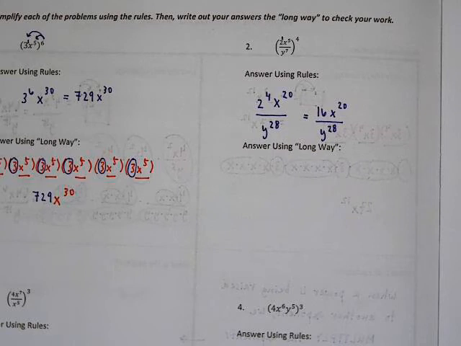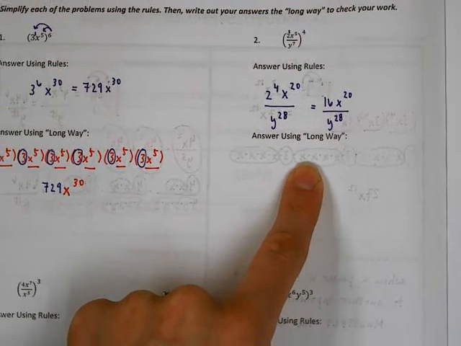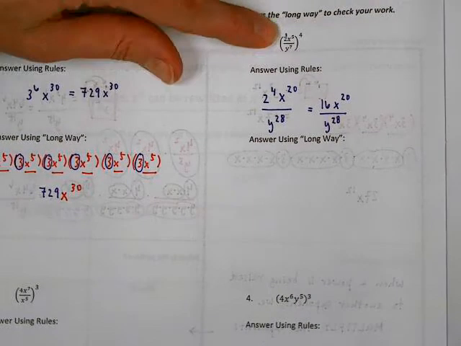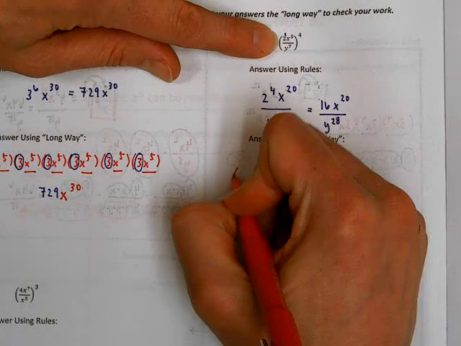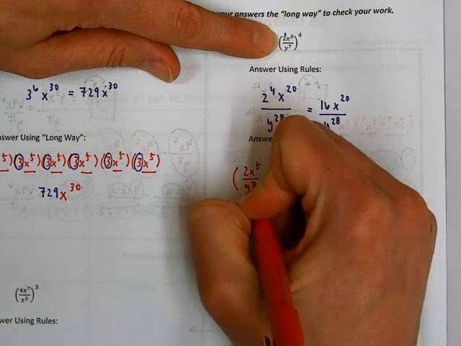All right, we'll do this last one using the long way, and then for the rest we'll just use the rules. So this tells me I have my expression here, my power here, 2x to the 5th over y to the 7th. I have that 4 times. So I have 2x to the 5th over y to the 7th, four times.